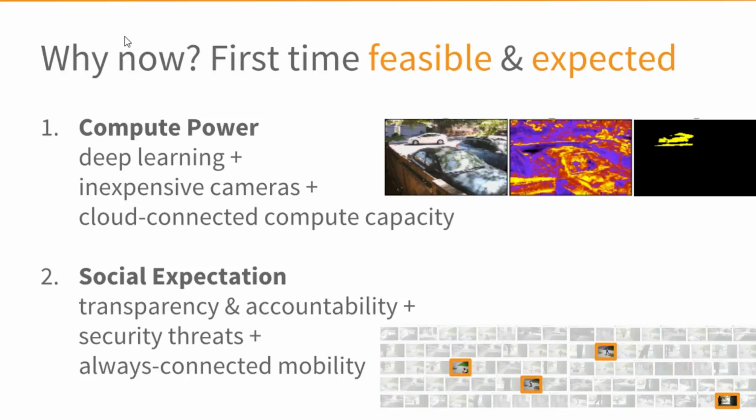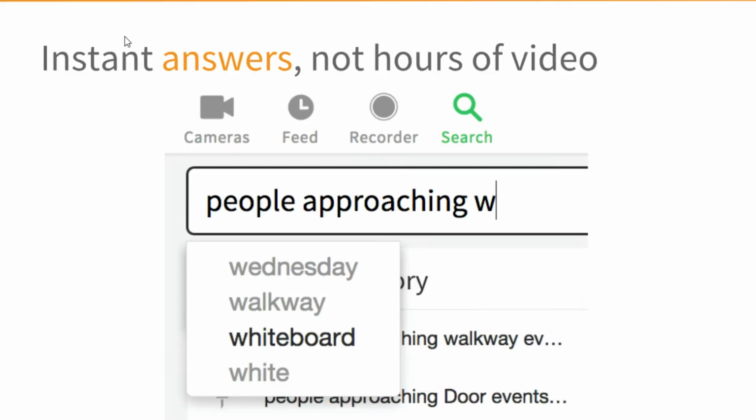So I think people are increasingly comfortable with being able to teleport to any location, whether it's their business, their robotic arm lab, or their fishery in the South Pacific. They just assume you should be able to have a connection and video to know what's happening in the world. And so we think this is a good time to be doing what we're doing, all of us in this room.